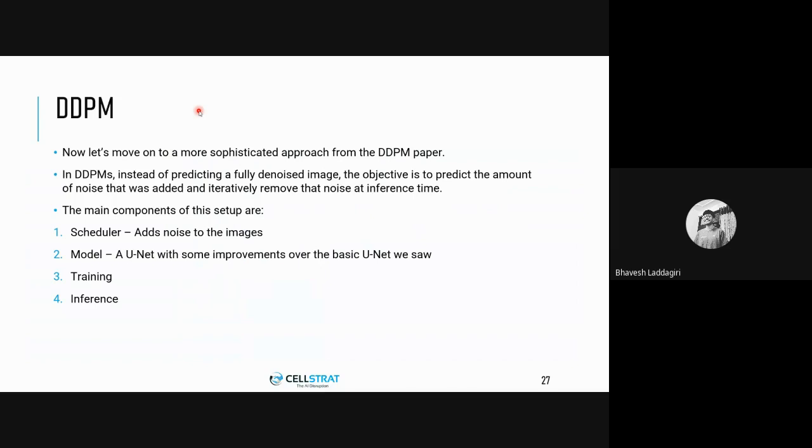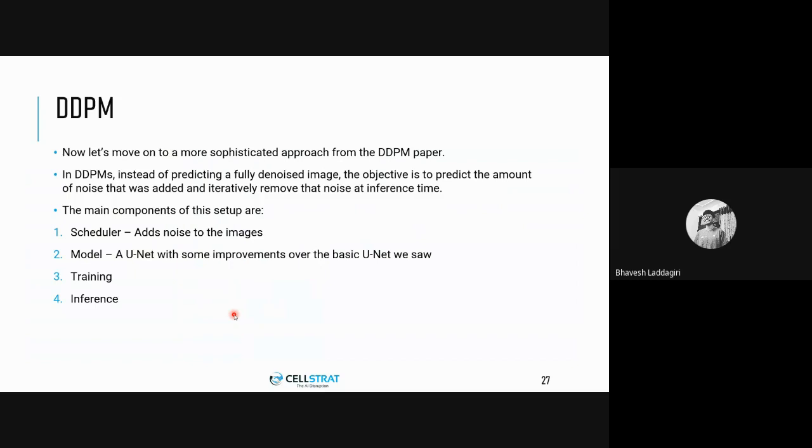Again, we are going to go through an intuitive explanation. There's a lot of math behind everything, and I'll link to references at the end if you want to learn in very technical depth, because there's not enough time in a single workshop to cover everything. A scheduler is basically a system or an algorithm which adds noise to the image.